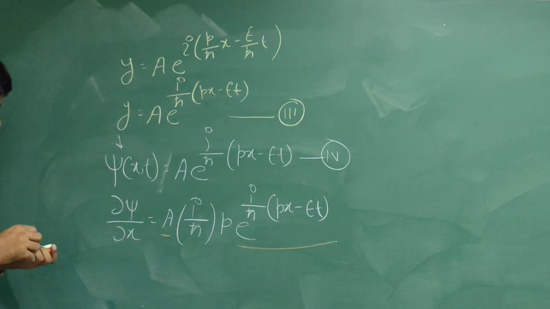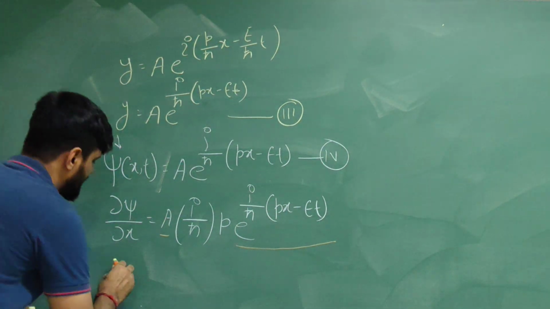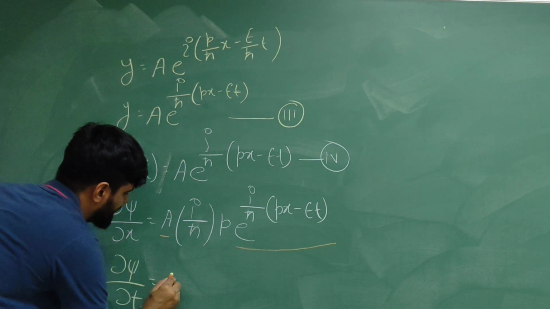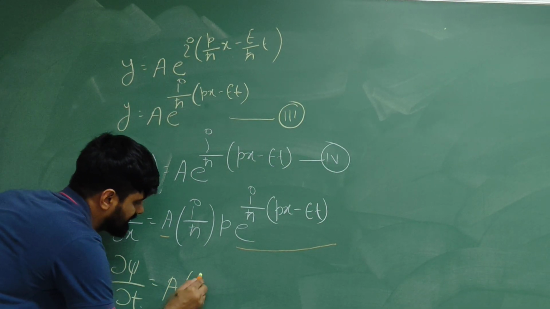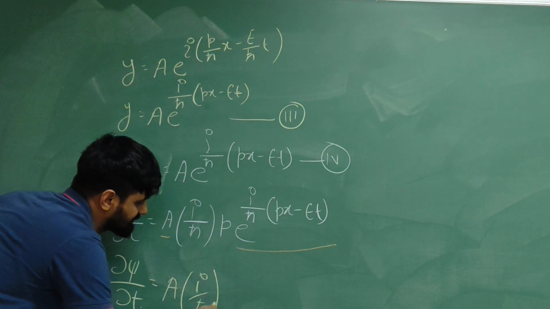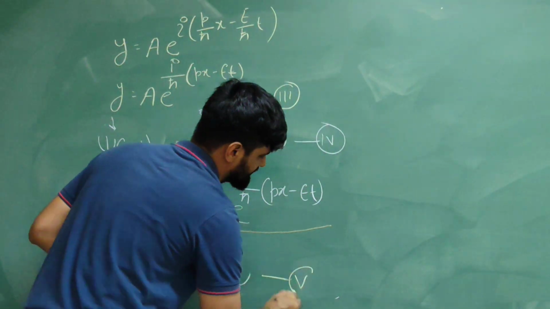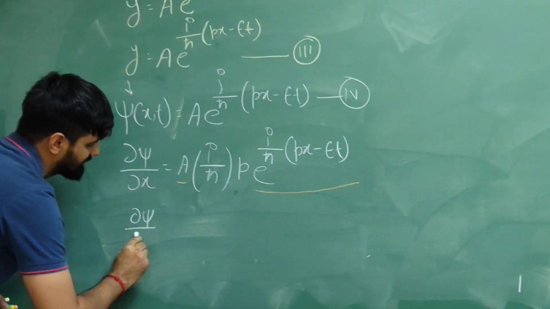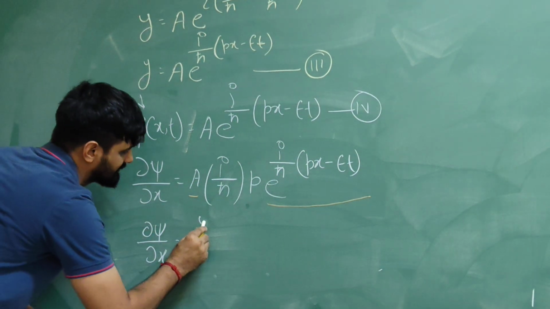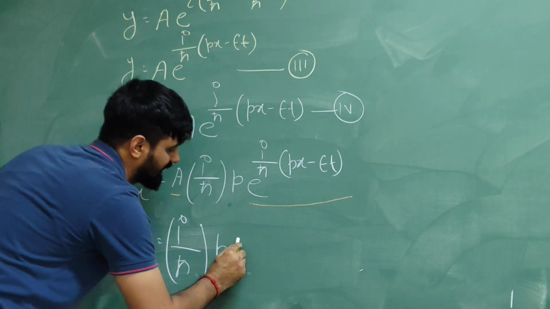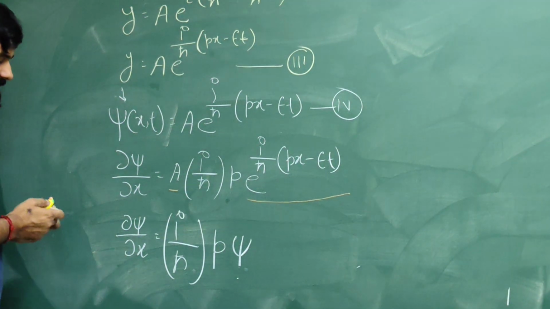And a times e to the power i(px minus Et) over h bar is basically psi. So finally you will be left with del psi by del x equals i divided by h bar times p times psi. Is that clear?